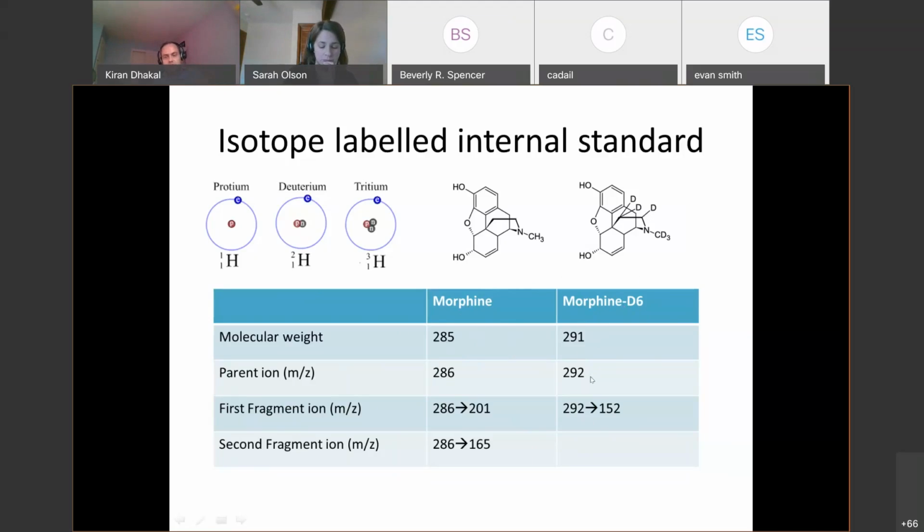These two ions are entirely different for the mass spectrometry mass analyzer. The mass analyzer will treat them as two different species with two different signals. But from the chromatography, because we just changed the hydrogen, the retention property of these two molecules does not change. They will coelute at the same time, but when we see the data, we can see the mass spectrometry detecting morphine and morphine-D6 differently.